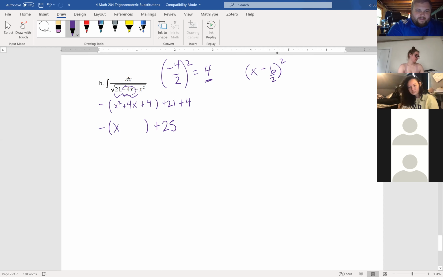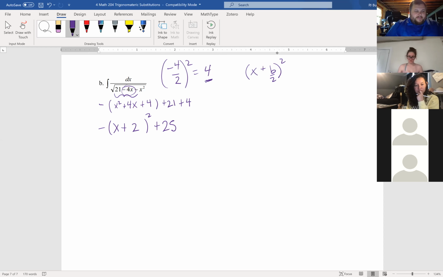So this is going to be x plus 2 quantity squared. Let's check that really quick. First term would be x squared. Multiply the two terms together, that'd be 2x, and multiply by 2 again, that's 4x. And then the last term would be 2 squared, which is 4. So that looks good. And on the outside, I have plus 25.